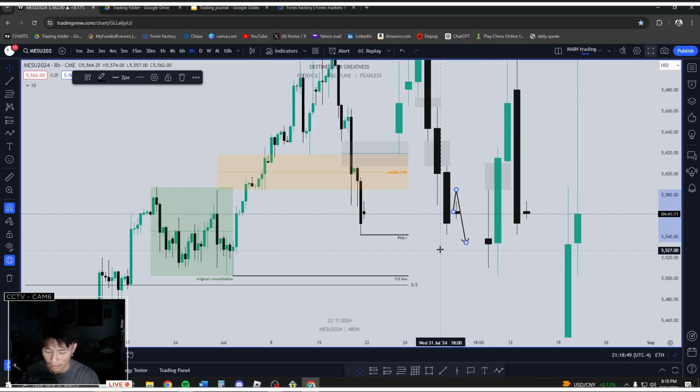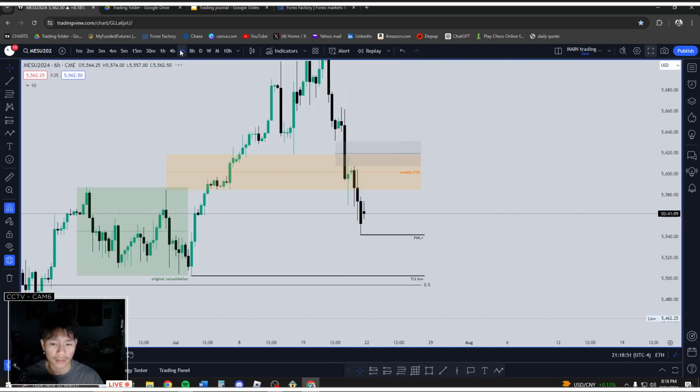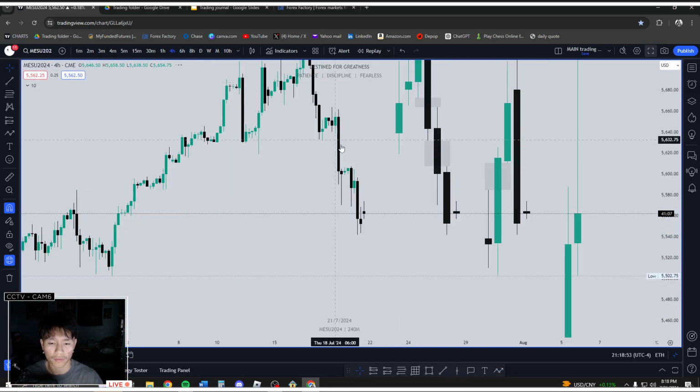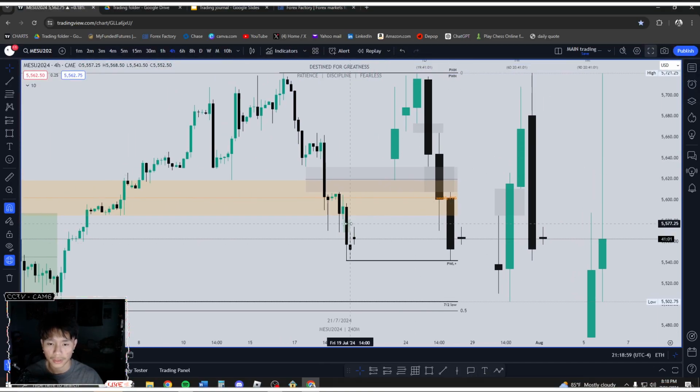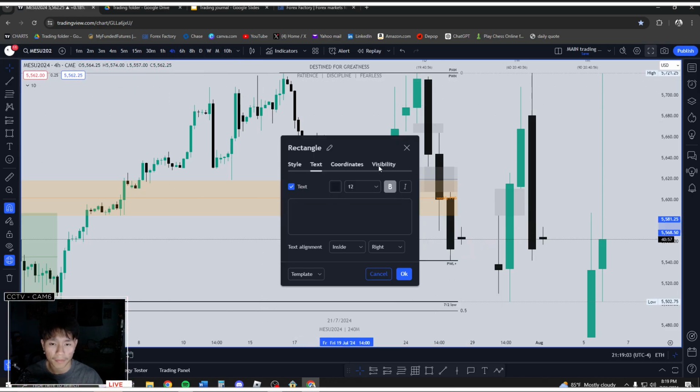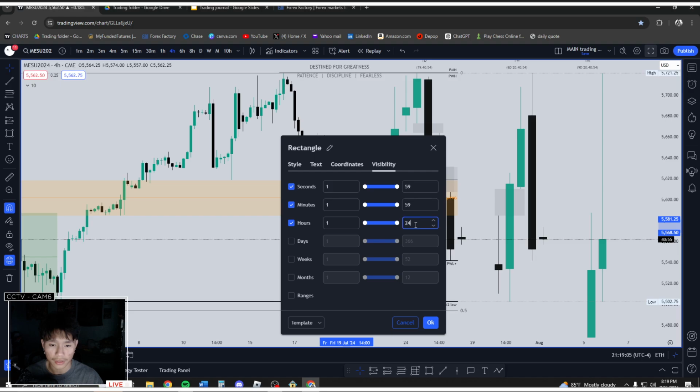Let's see if we have any supporting fair value gaps. We have this 4-hour fair value gap actually, so let's note that out. That could support the idea of us trading lower.